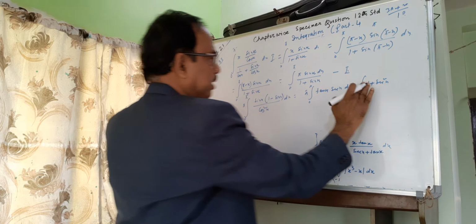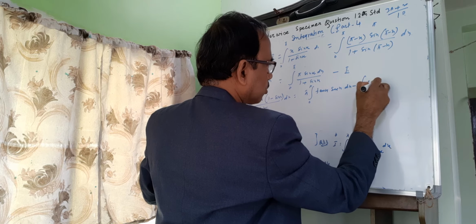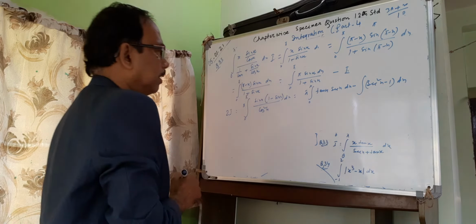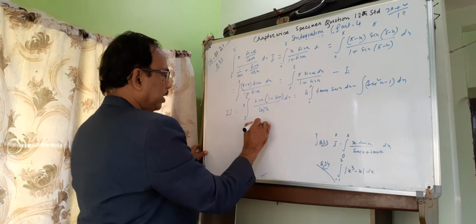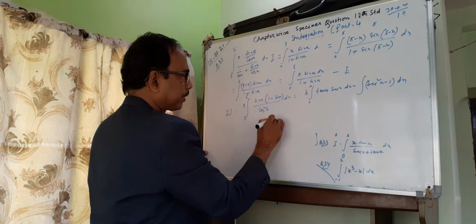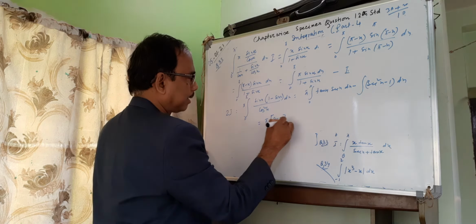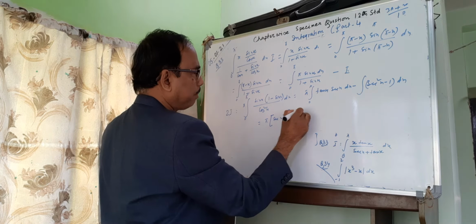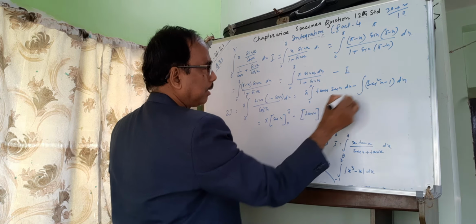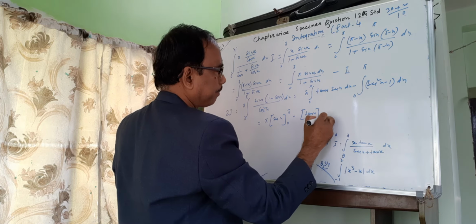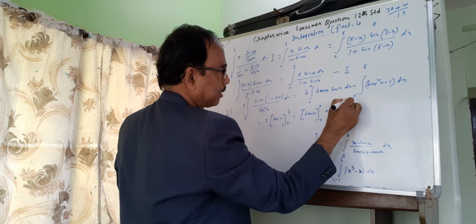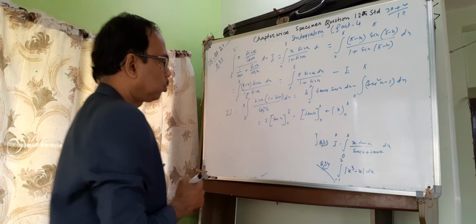Tan square is sec square x minus 1, sec square x minus 1 dx. Now let us do the integration, that is pi. Tan x sec x integration is sec x, 0 to pi, minus sec square integration is tan x, this is 0 to pi, plus x 0 to pi.